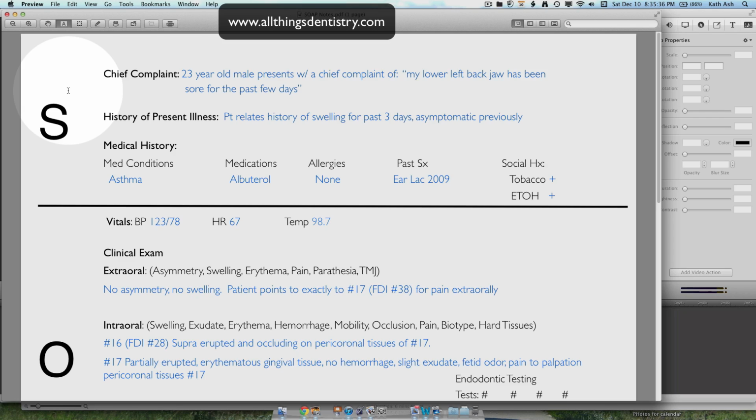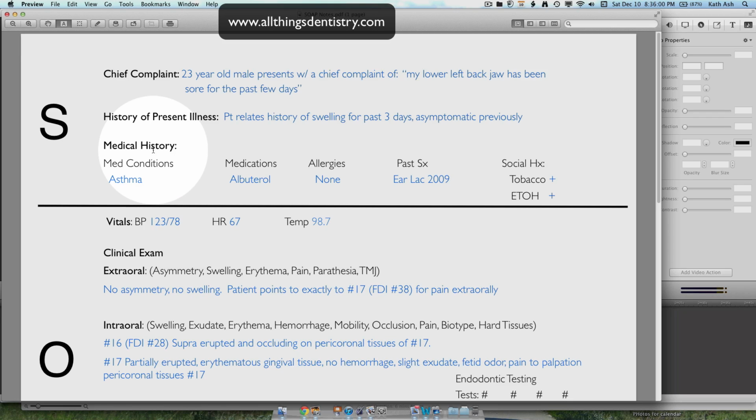Subjective: you can go anywhere, there are thousands of websites talking about SOAP notes. This is more specific towards dentistry because I'm a dentist. When the patient presents, just capture the chief complaint, history of present illness, and any medical history.